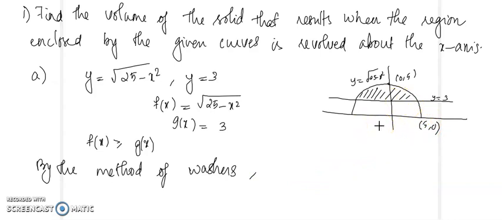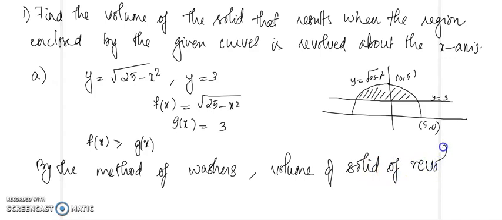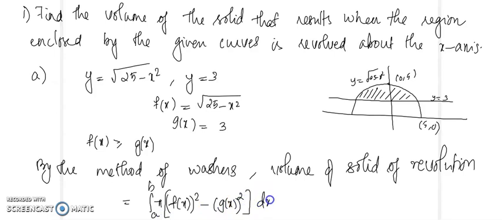So by method of washers, volume of solid of revolution will be equal to integral a to b pi f of x whole square minus g of x whole square dx.